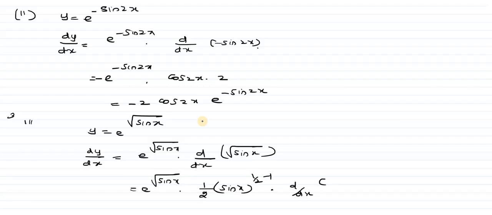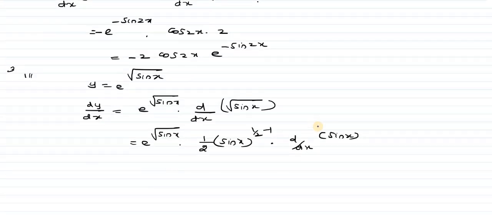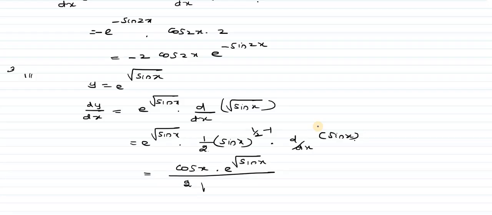Then the differentiation of sin x, which is cos x. So cos x into e power root sin x divided by 2, with the minus half giving under root sin x. Is that clear? Any doubt till here?